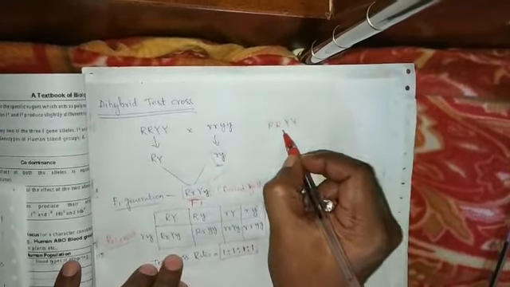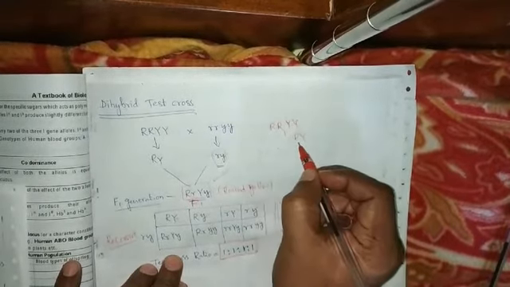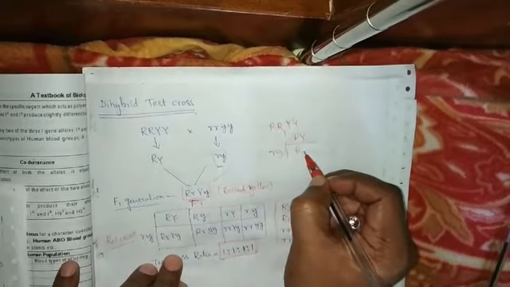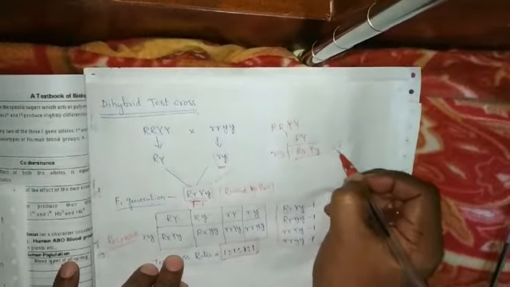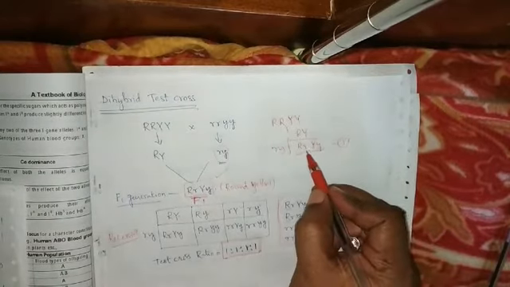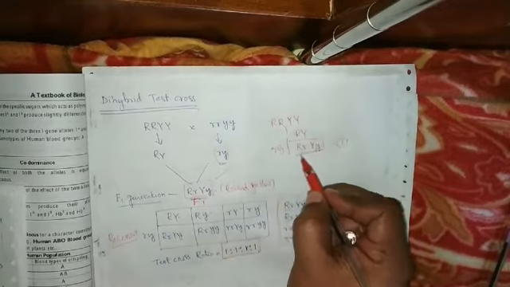Only 1 gamete, capital R, capital Y. If the capital R, capital Y is crossed with the recessive parent, what do we get? Capital R small r, capital Y small y. Only 1 kind of plant we get. So, all are round and yellow, heterozygous round and yellow.